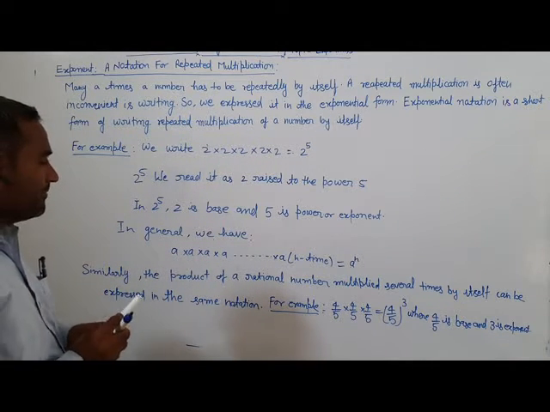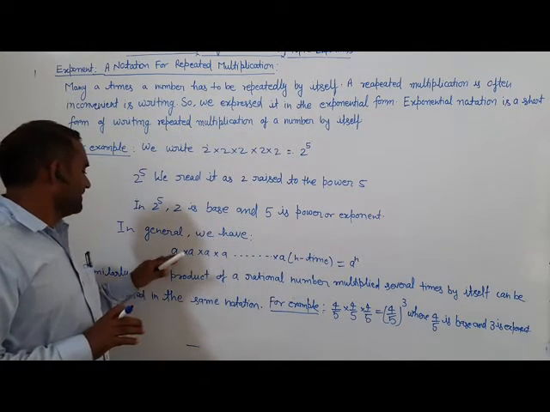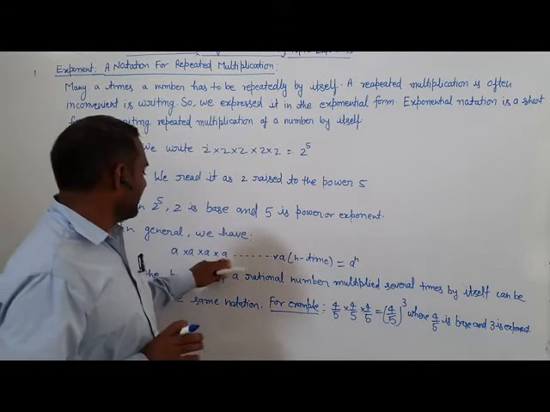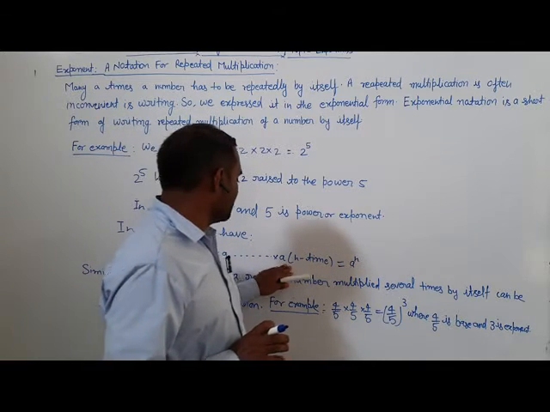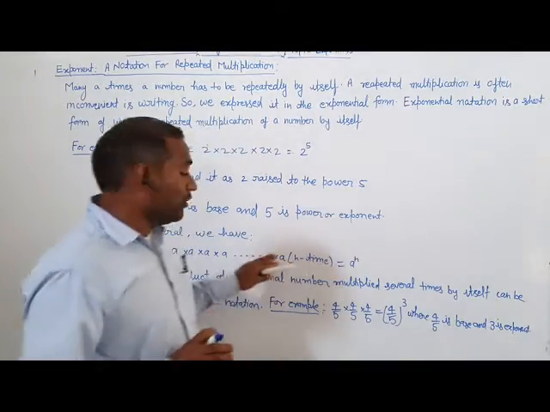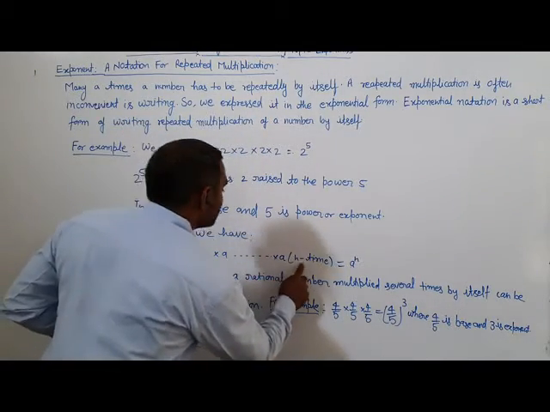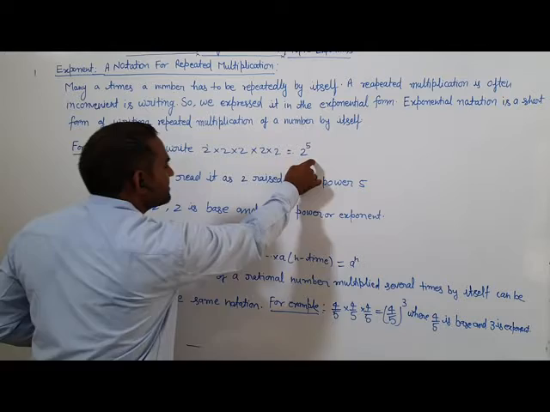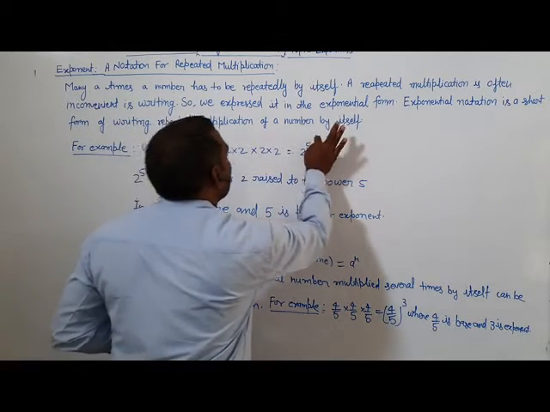In general form we can write a into a into a into a and so on, n times. Here 2 was 5 times, so we write it 2 raised to power 5.